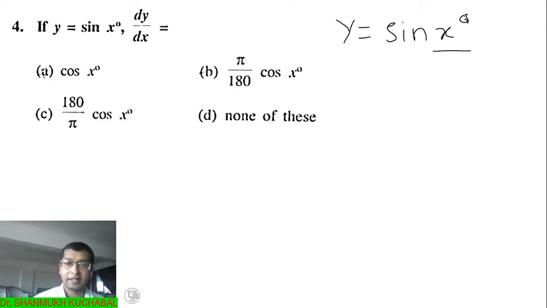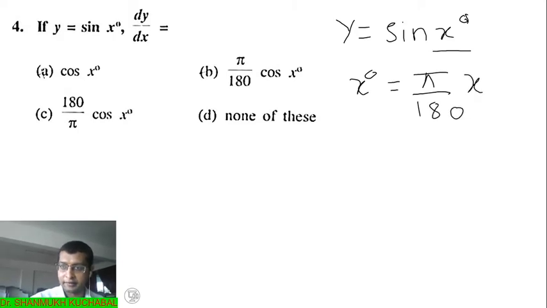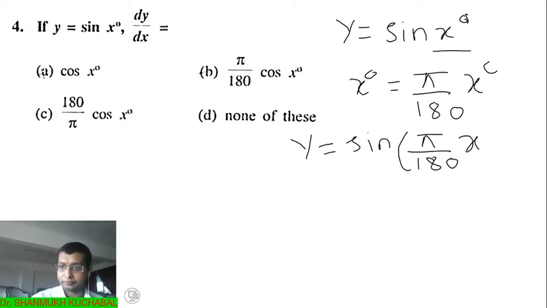So the conversion is x degrees equal to pi divided by 180 radians. So we take this, and we get y equal to sine of pi divided by 180 into x. So further we have to find the differentiation for this.